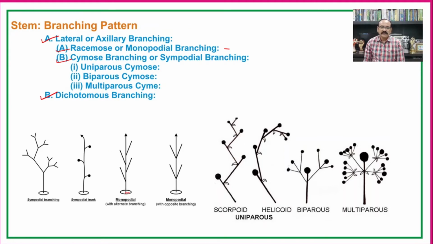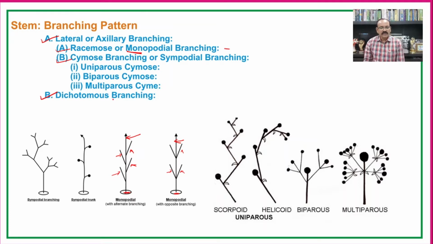Here in this diagram you will be able to find that there is a formation of the podium or axis in the center, and there is a single podium, and hence it is known as monopodial, while the other branches which grow from this central axis develop from the lateral buds.